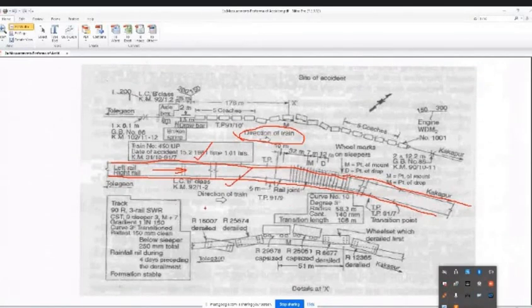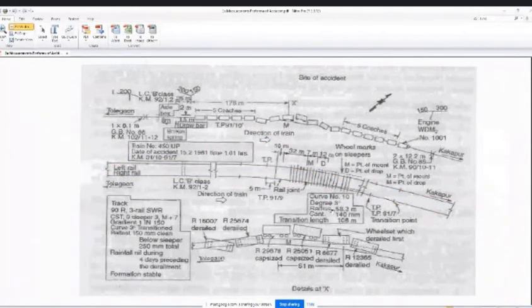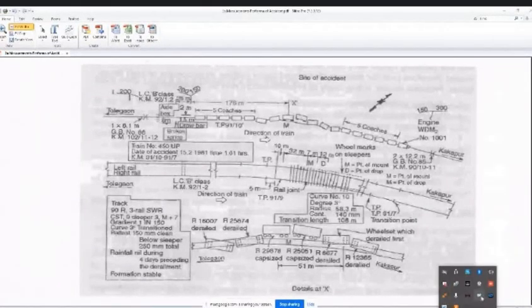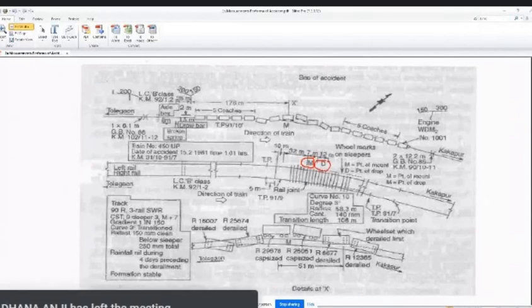Then he has shown the important points you can see. I'll mark it. This is the M. M means point of mount. D means point of drop. M and D are meant for point of mount and point of drop.